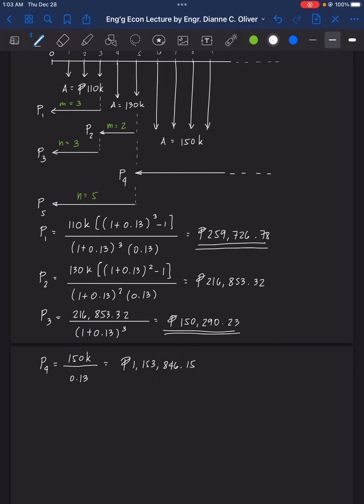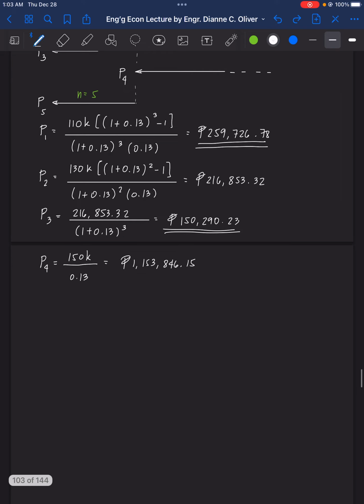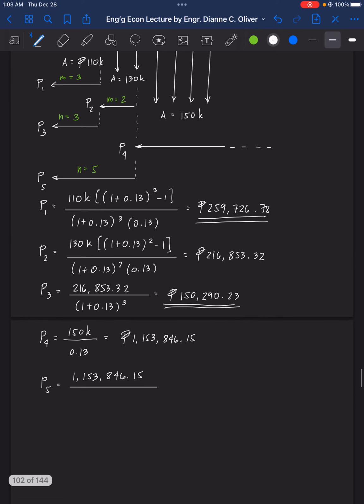Then from this, we can now solve for P5. For P5, we're going to use here the compound interest formula. 1,153,846.15 divided by, how many years? 5 years.